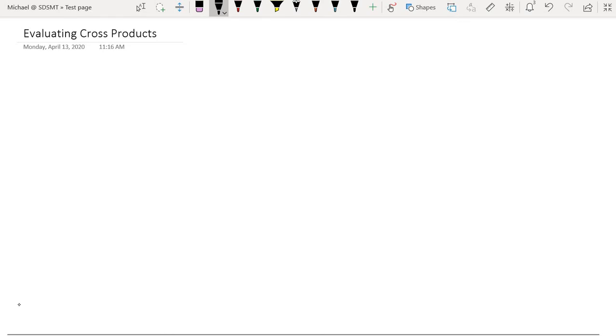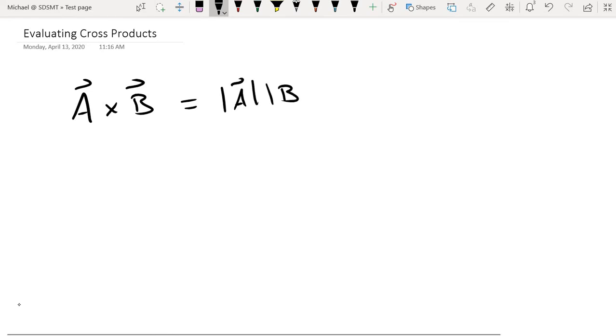And at this point, you might be thinking, well, when it comes to a cross product and I have two vectors A and B, the easiest way to evaluate that cross product is to take the magnitude of each vector times the sine of the angle between the two vectors.